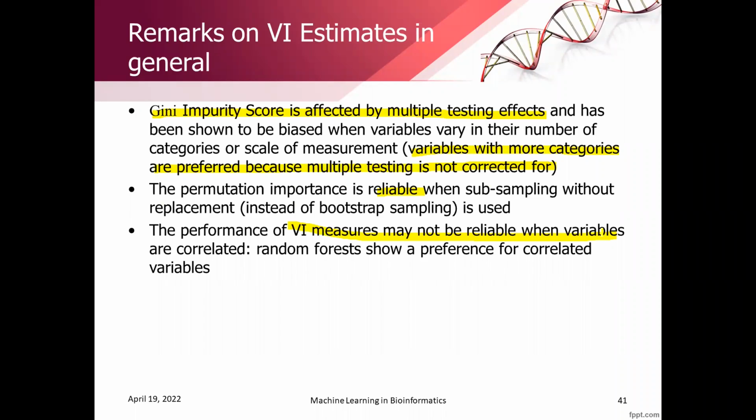But actually, if we leave one of them out, we still obtain a training set which contains almost all the original information. But if we measure the variable importance, for example using this permutation, then we obtain a high score, high importance, for both of them. So correlated variables are a problem for identifying the important variables and for reducing the number of attributes.